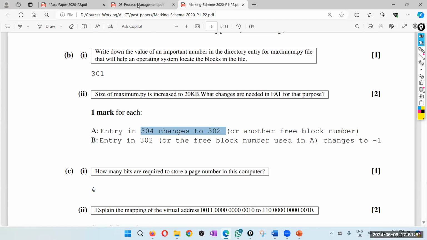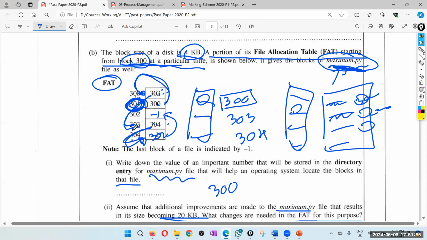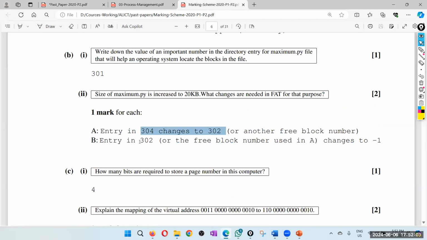The 304th entry is no longer -1, it is 302. And 302's entry must change into -1. So that is what is needed. That means we are using that additional available block also because it is now 20 kilobytes.